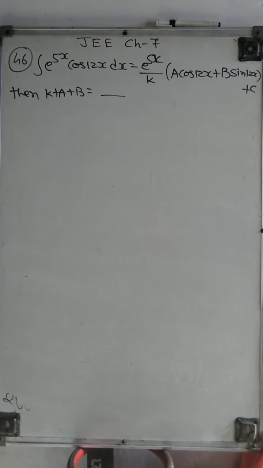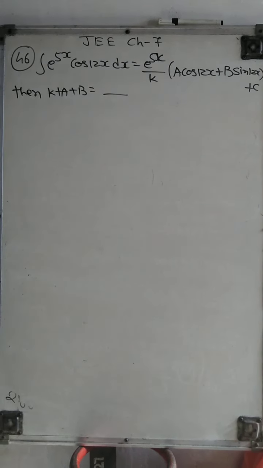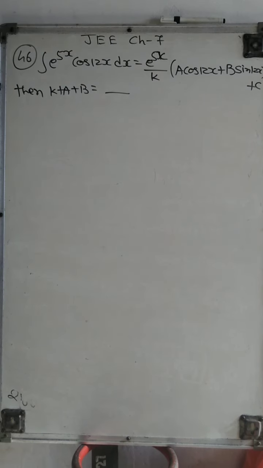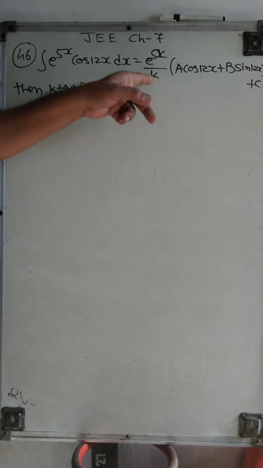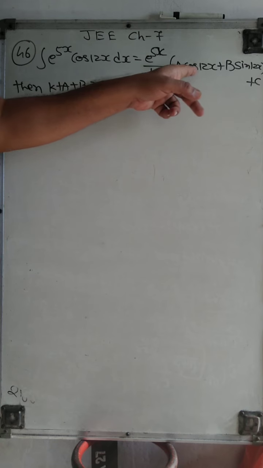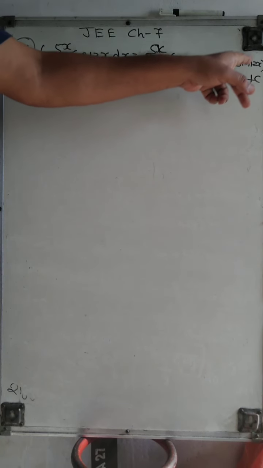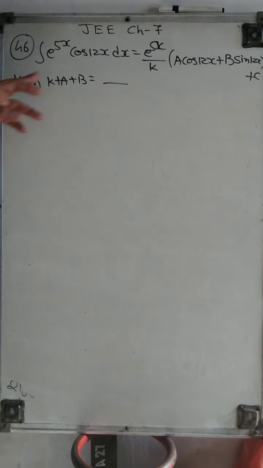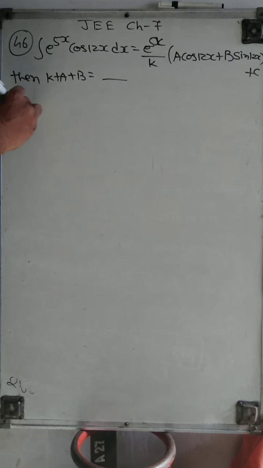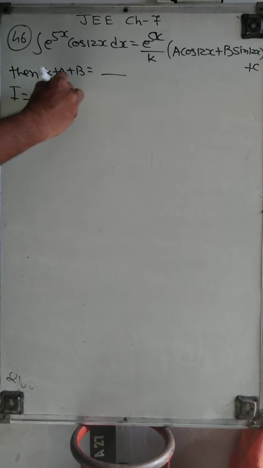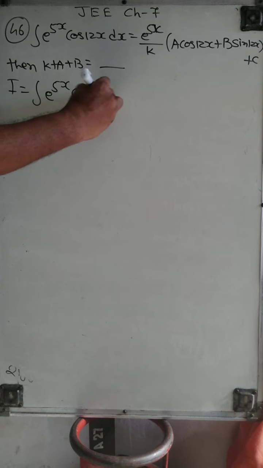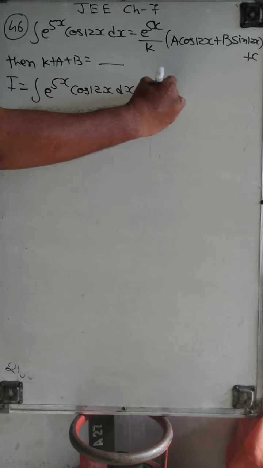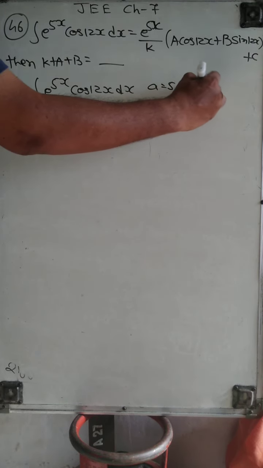Now the next, 46. Integration e^5x cos 12x dx equals e^5x/k (a cos 12x + b sin 12x) plus c. Then what is k plus a plus b? Here I equals integration e^5x cos 12x dx, where a equal to 5 and b equal to 12.